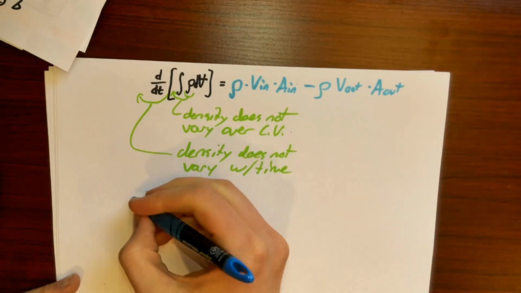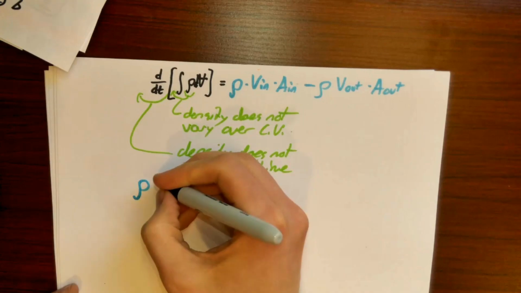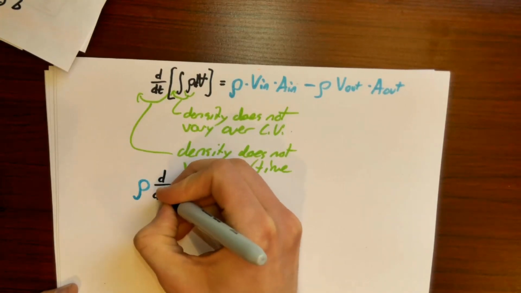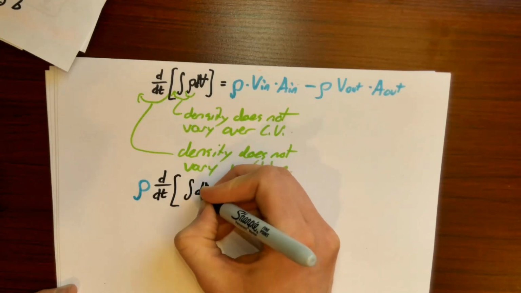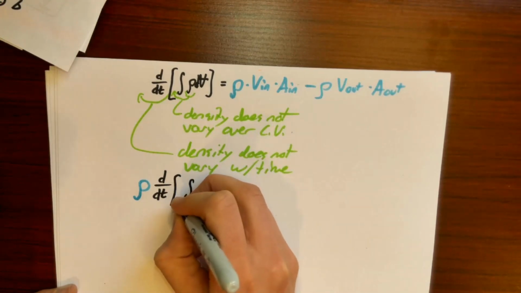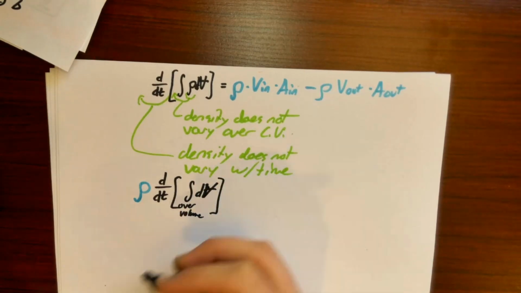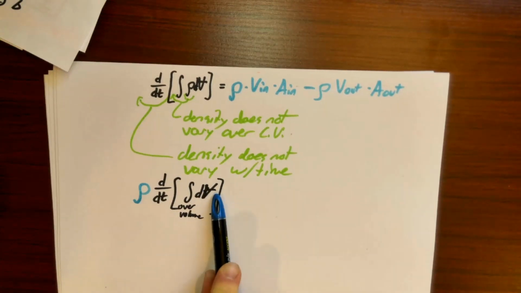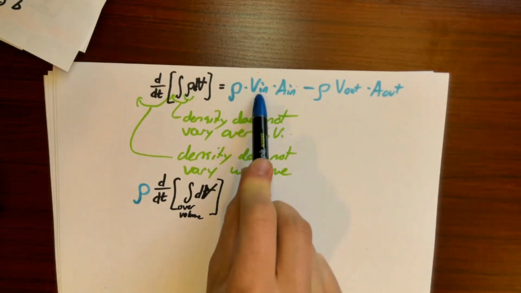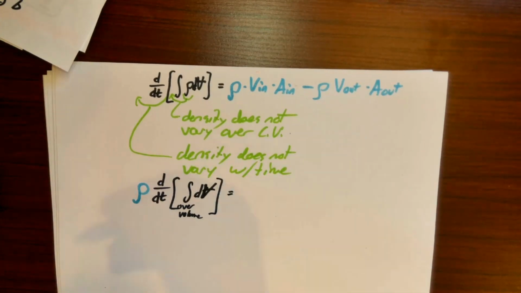So now we have rho times d/dt of an integral of dV over volume. And remember, I'm using this v with a cross through it to distinguish volume from the velocity v that I have over here. Our right-hand side is still the same.